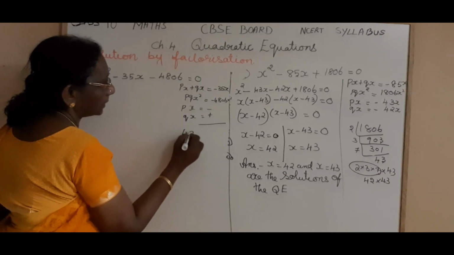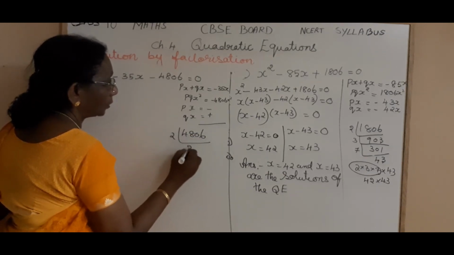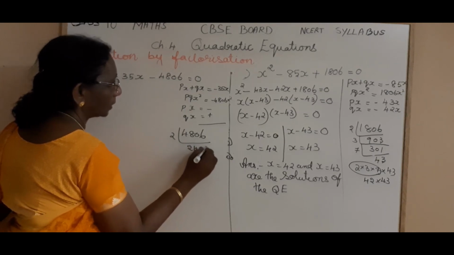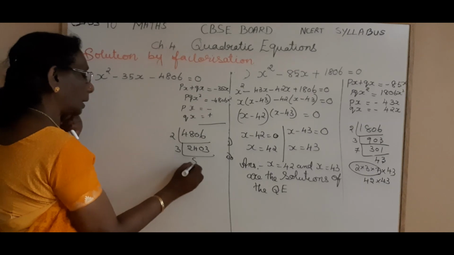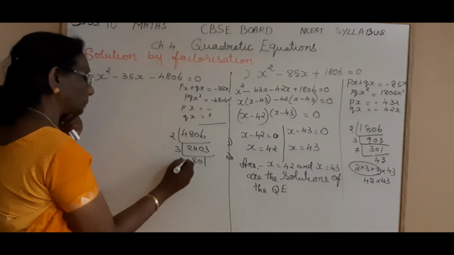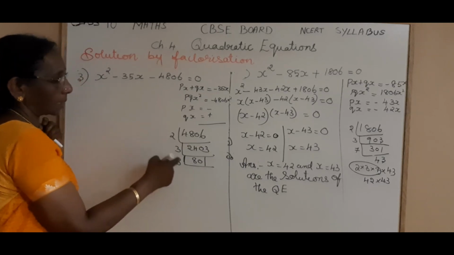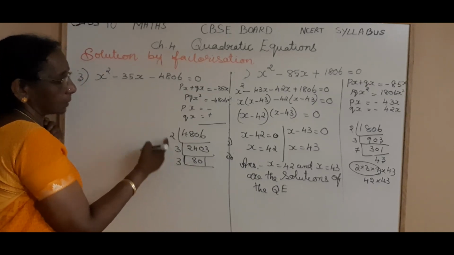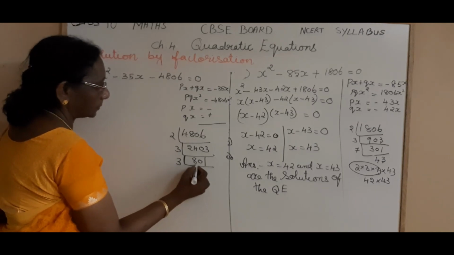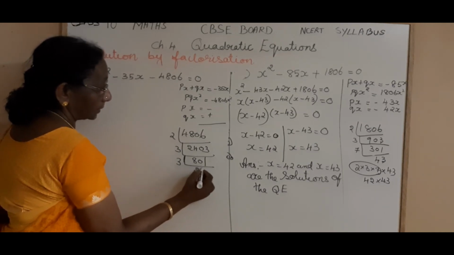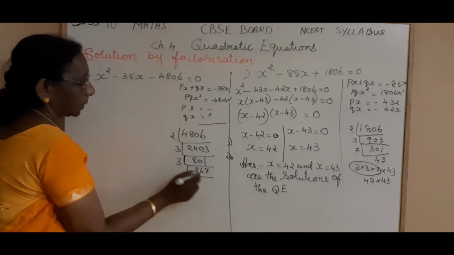Now factorize by 2, 2, 4, 0, 3. It is divisible by 3, 801. Again divisible by 3, you have to subtract. 801 minus 6 is a big number. So 3 2s are 6. 3 6s are 18, 7. And now again it's a big number.